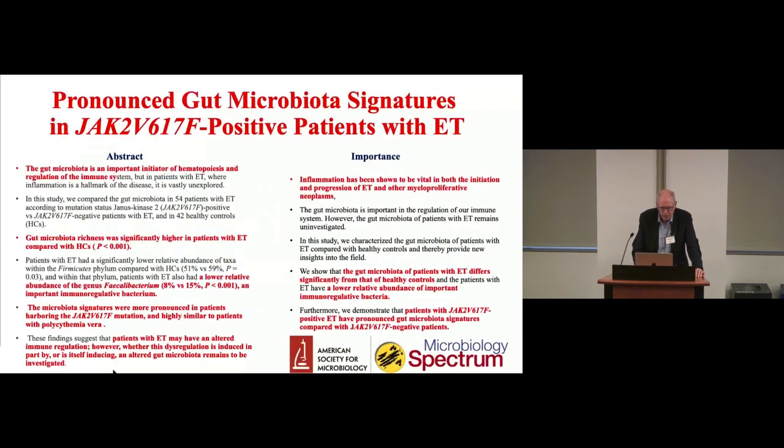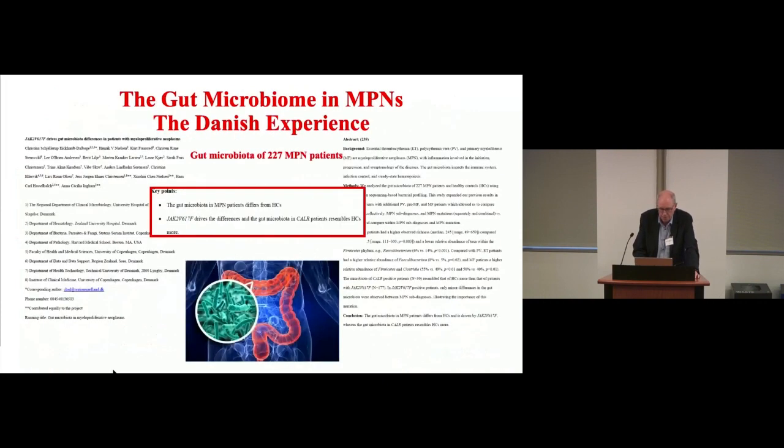So I will go rapidly through this, just to repeat again that the JAK2 positive ET patients have a pronounced microbiota signature, just as the PV patients, compared to the JAK2 negative patients.